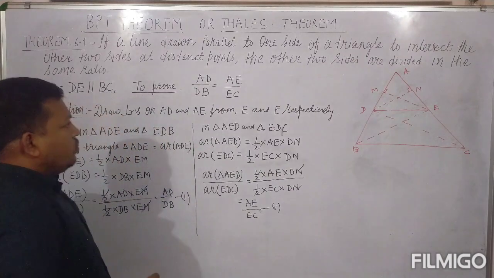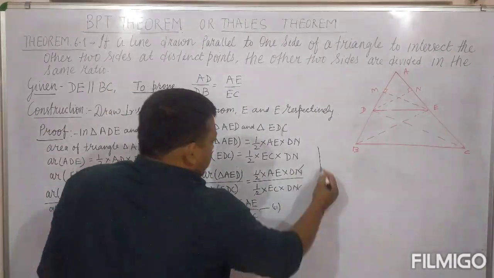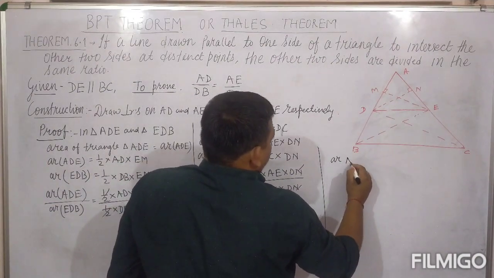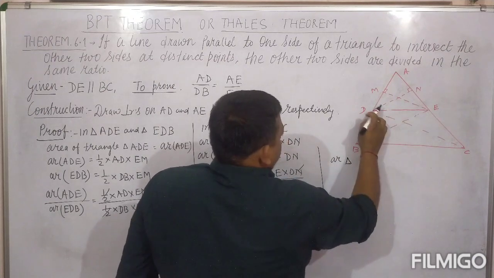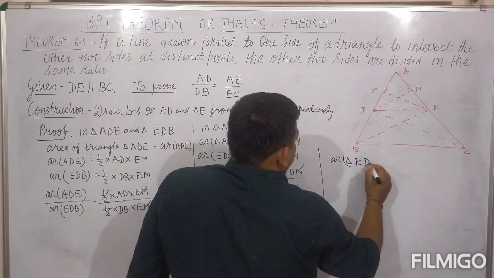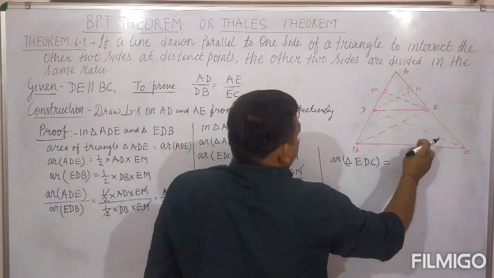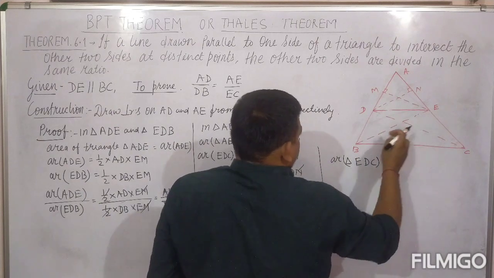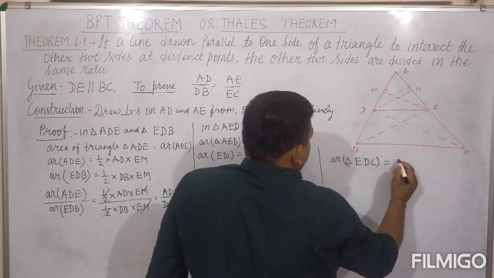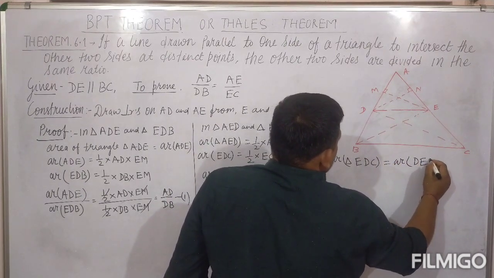Now what we are observing here is that the area of triangle EDC and the area of triangle DEB will both be equal.